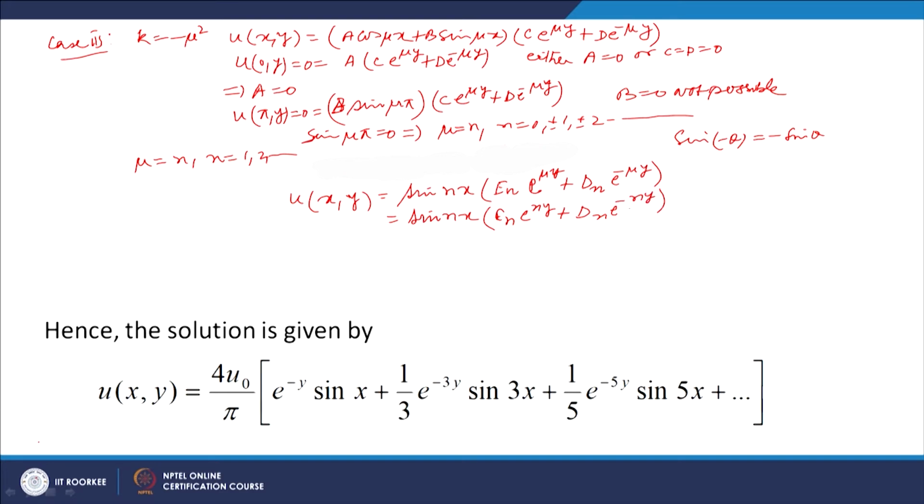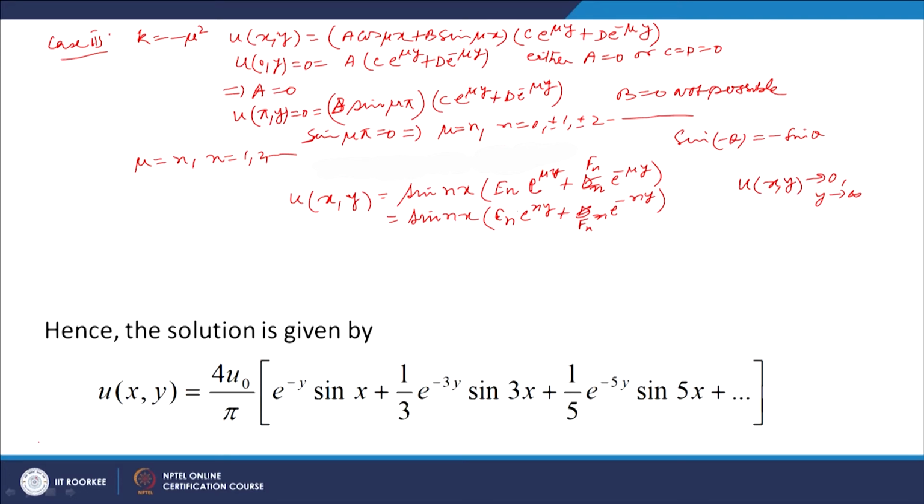Now, we have two constants, e n and let us put it as f n. Let us see that as y goes to infinity, u(x,y) goes to 0. This condition means that the e n's must be zeros.